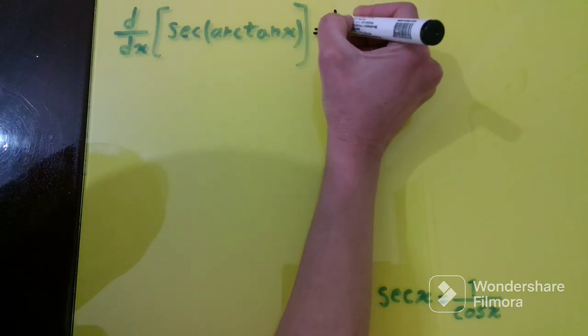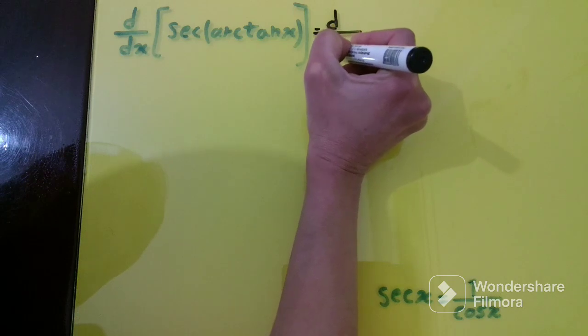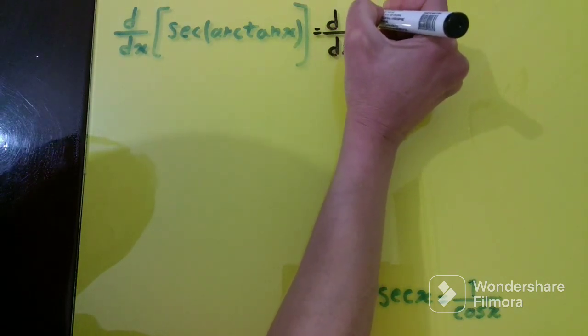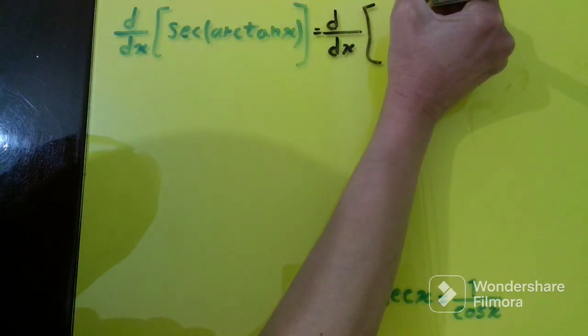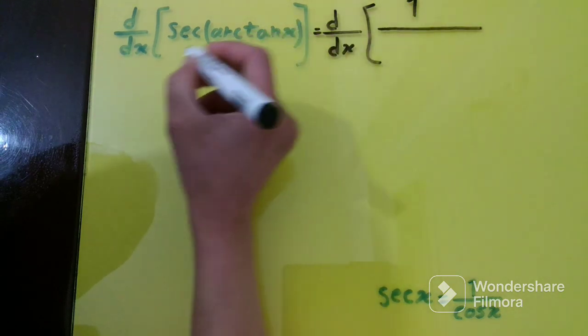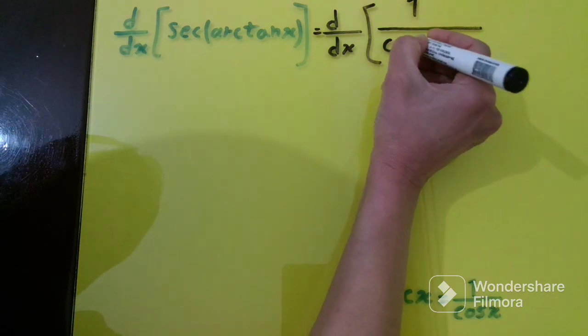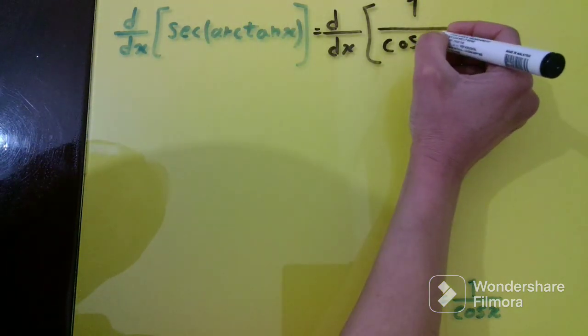So it will be d over dx of 1 over cosine arctangent x.